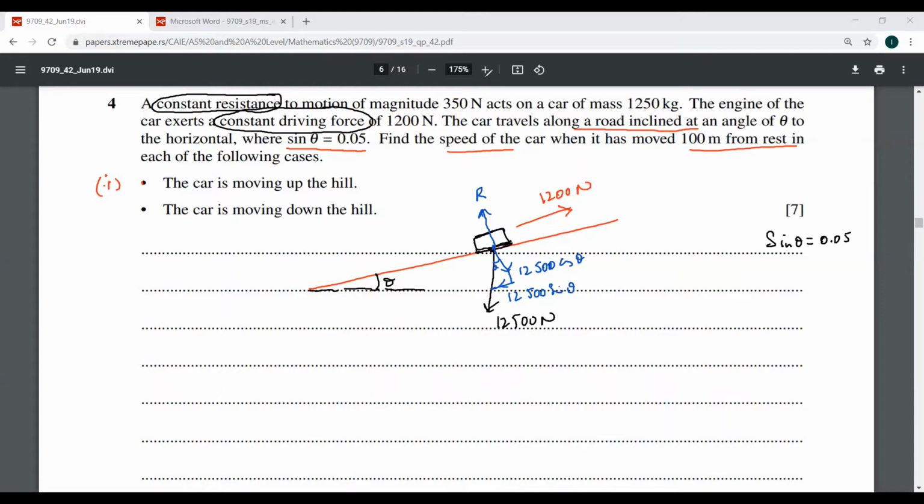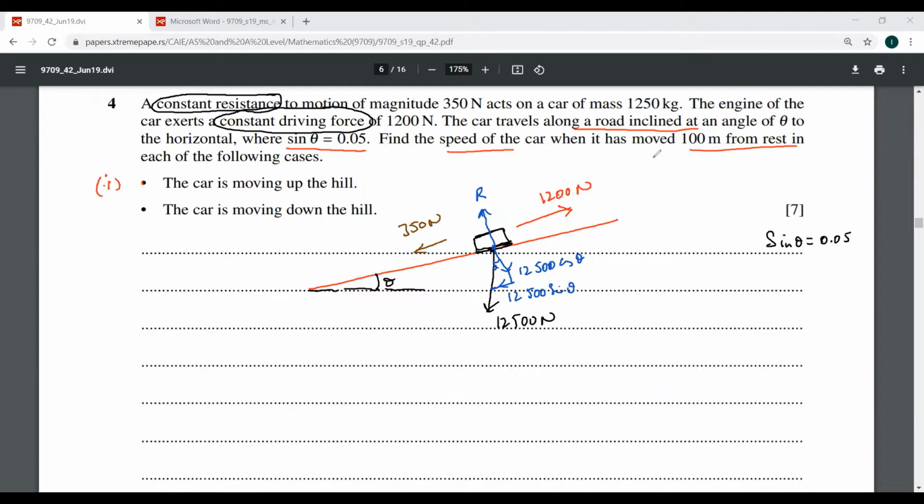And there is a constant resistance over here, so I'm going to show that downwards, that is 350 newtons.